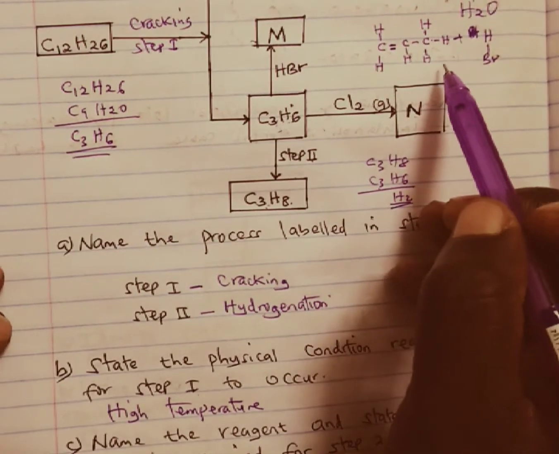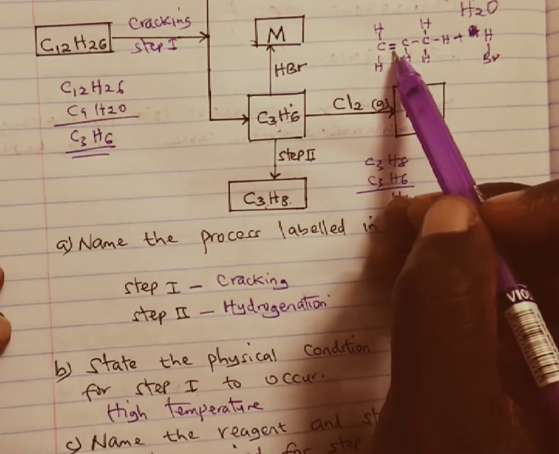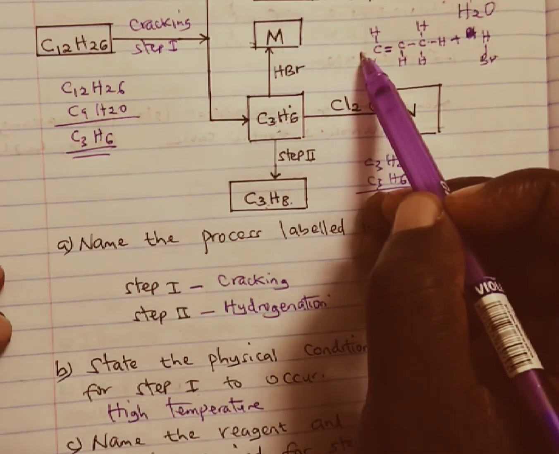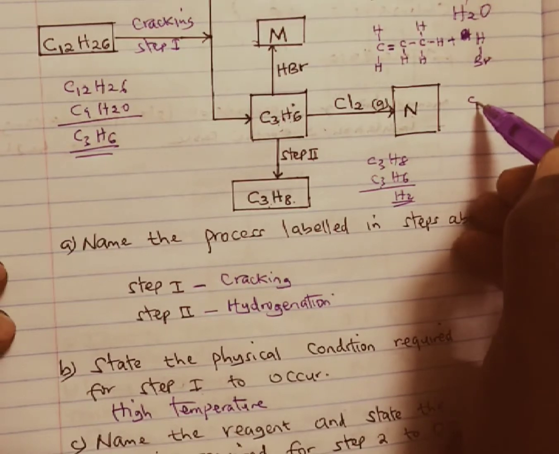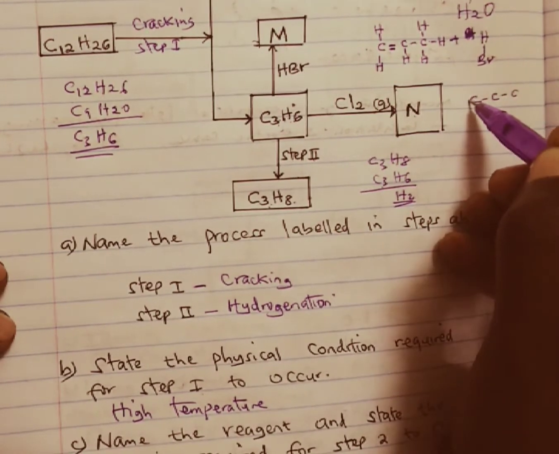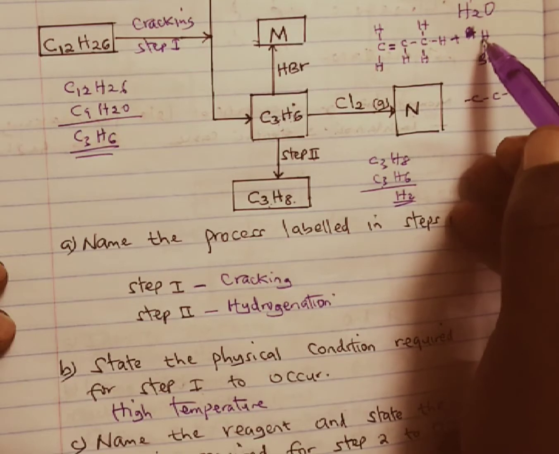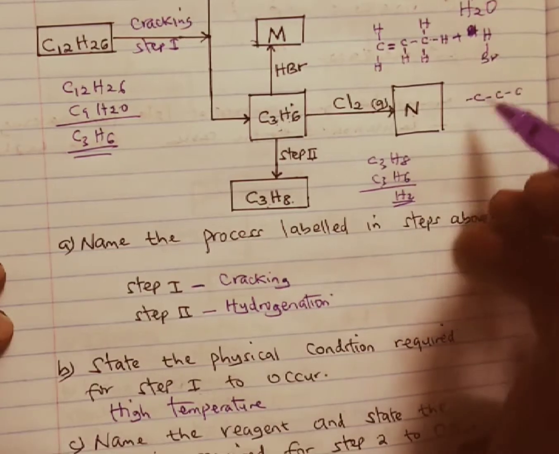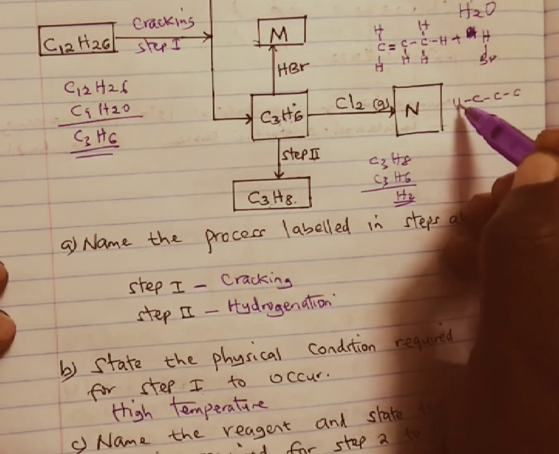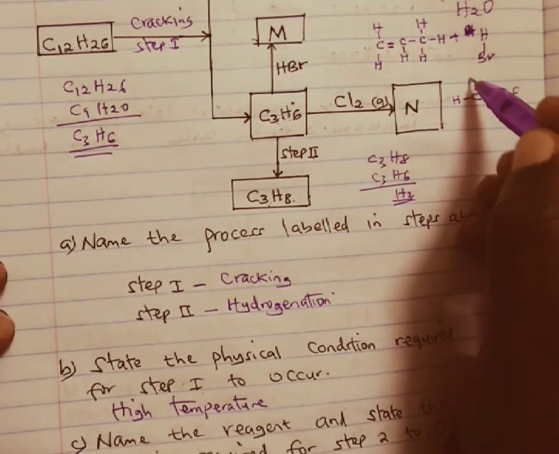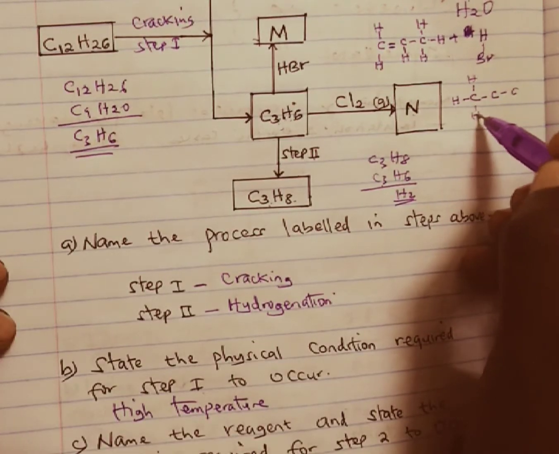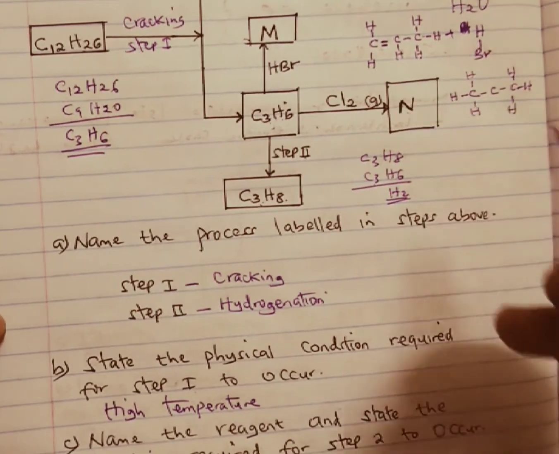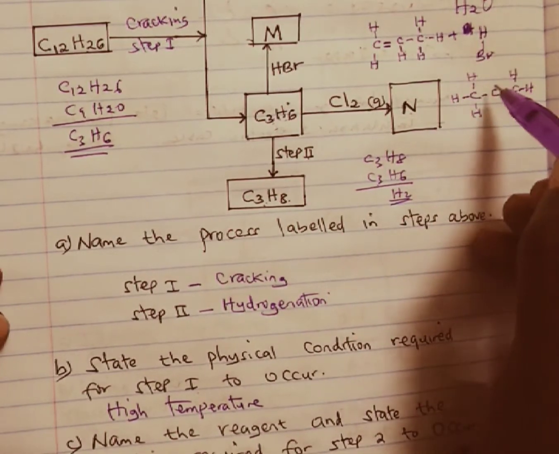So what hydrogen bromide will do, it will come and break this double bond, and then we are going to have this bond coming here. The double bond comes here to take up this hydrogen here. Remember we have H, we have H, and remember now we have 1 hydrogen here.